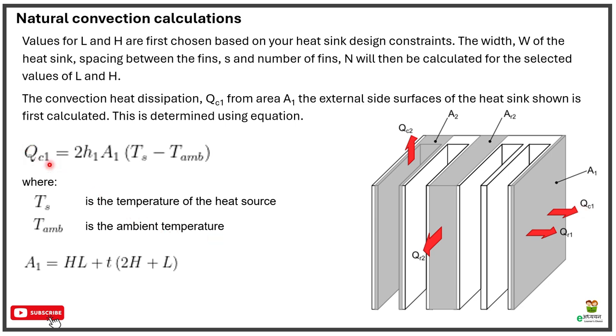QC1 is calculated with this formula where Ts is the temperature of the heat source and T ambient is the ambient temperature. And to calculate the area A1, we have used this formula as shown here. So this is the basic formula to calculate the QC1. And in the next formula, we will see how to calculate H1 also.